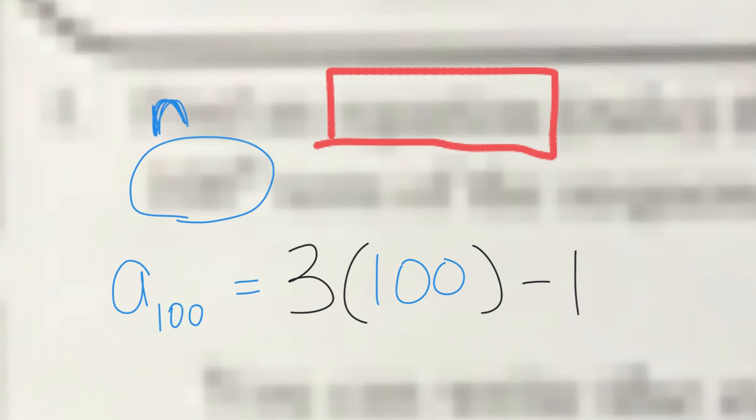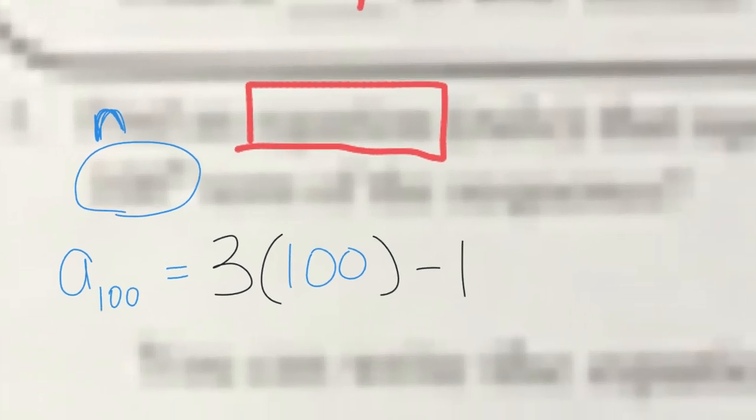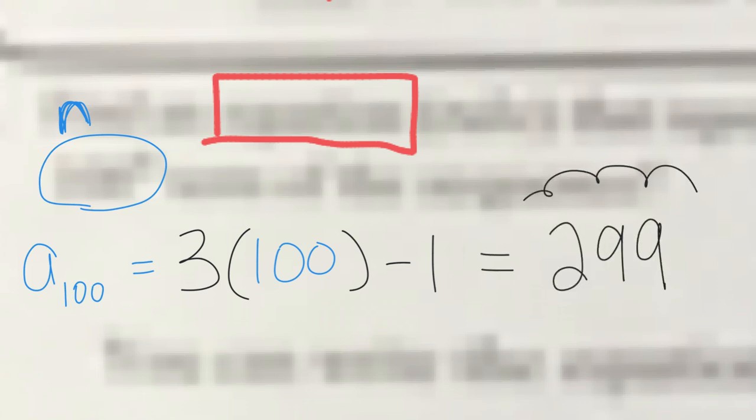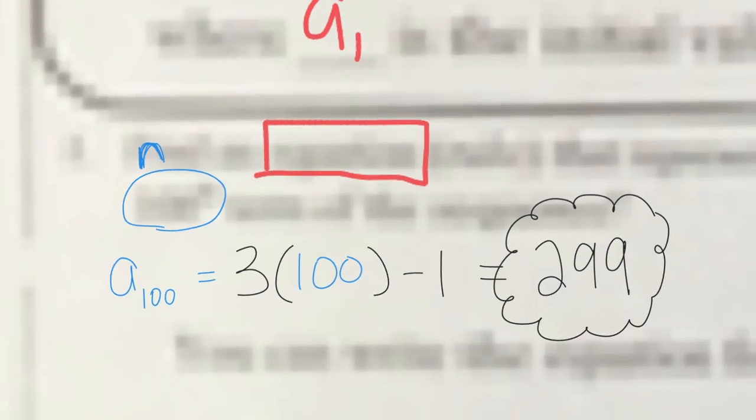We made that equation, so we're going to use that equation to figure out some other stuff. 3 times 100 is 300, minus 1 is 299. So 299 is the 100th term of that sequence.